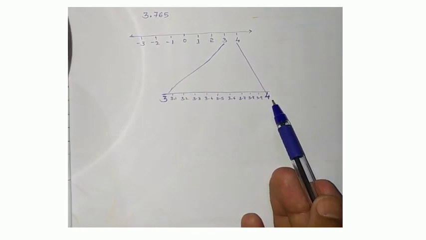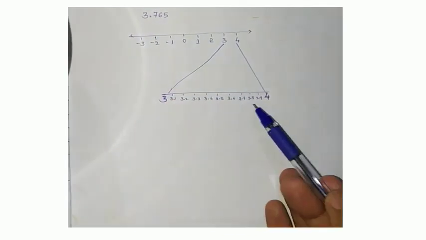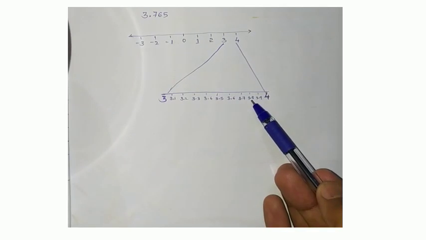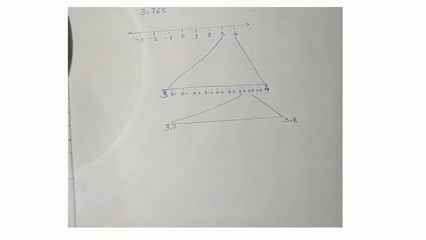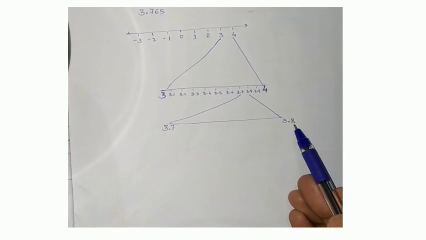Now the second term, 3.76. Where will we get 3.76? After 3.7 and before 3.8. Now we have to visualize these two. So 3.7 and 3.8 are magnified.